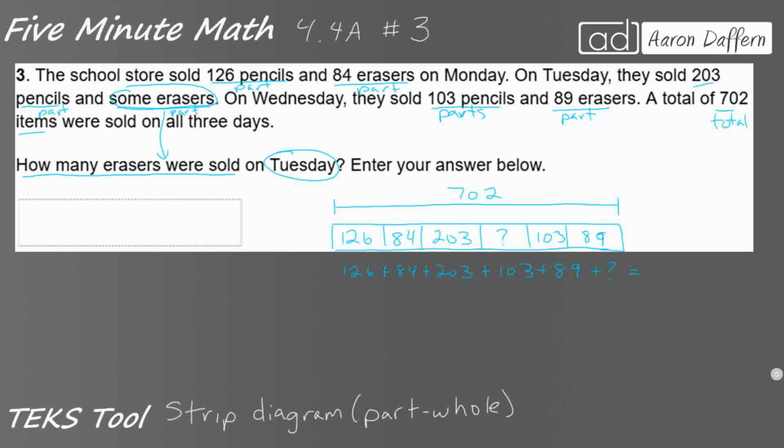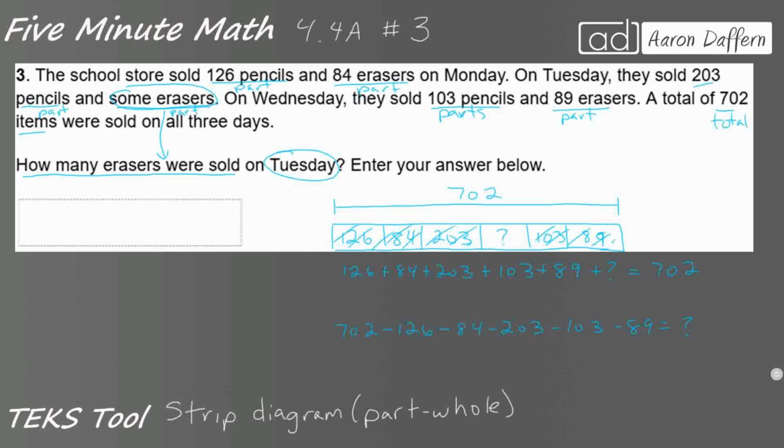All of this that I know plus that unknown is going to make 702. If I want to, I could just subtract all of these: 702 minus 126 minus 84 minus 203 minus 103 minus 89, and that would give me my unknown, my question mark, if I just start taking all these away.